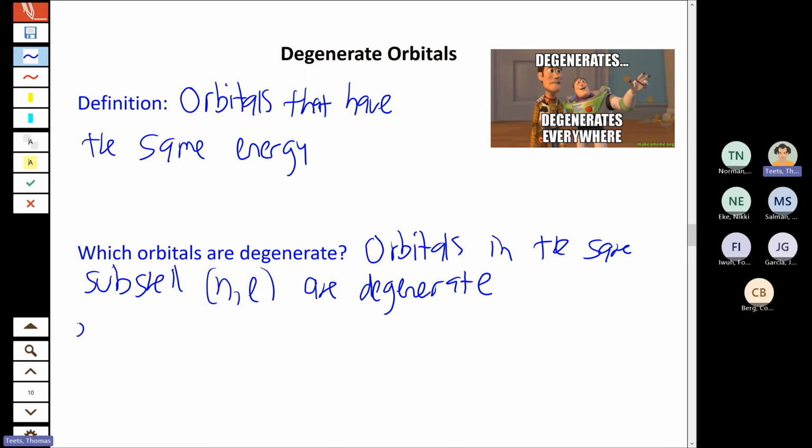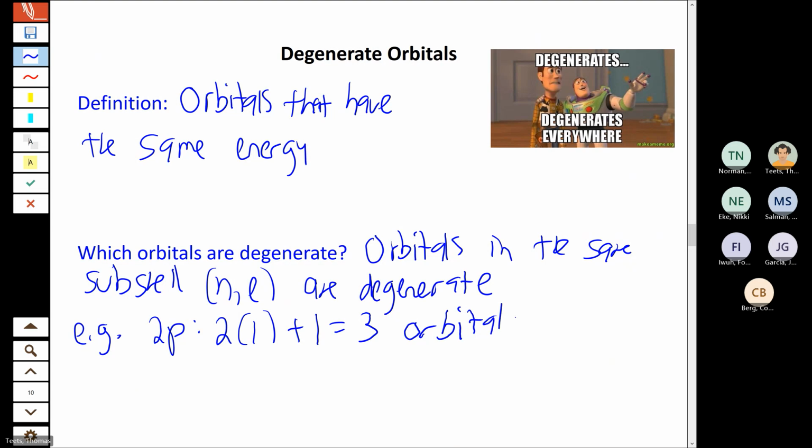The simplest example of this, the first time it shows up, is in the 2p subshell. For 2p, l equals 1, so we know there are 2 times l plus 1, which is 3 orbitals. We talked about last time how they're designated as px, py, and pz. They all have the same shape, but they're pointing in different directions.